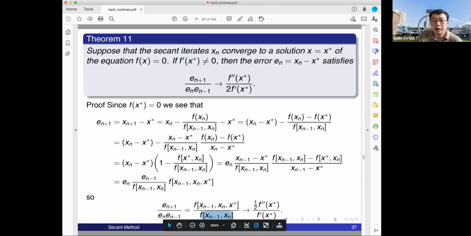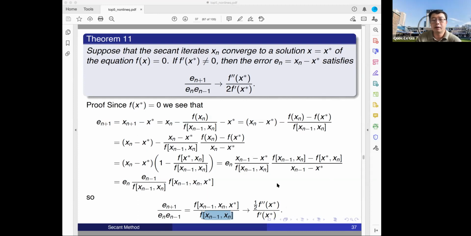Maybe we have to get our piece of paper. But you see the manipulation above is clear, right? You just look at it step by step. Now I want to explain the very last step. How do we get this one?